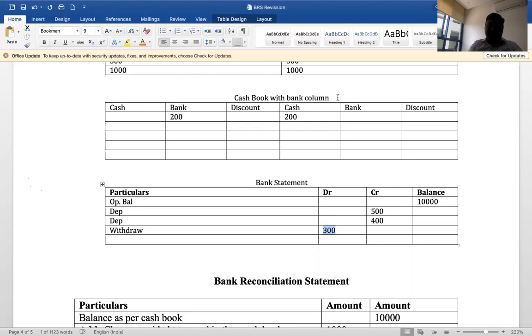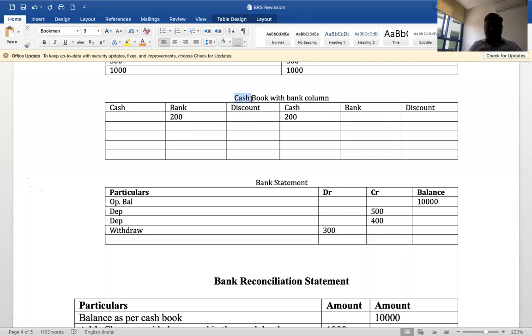What you are doing as a cashier, every time you deposit money, you will record in the bank column, debit side, and every time you're withdrawing, you're writing on the credit side, bank column. Look at this. It is like this.